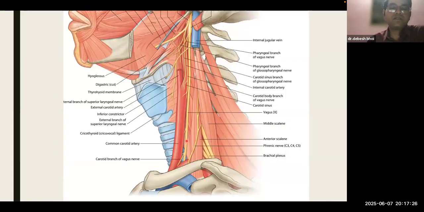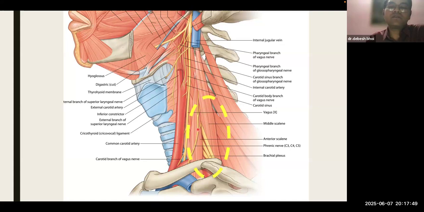If you see the different muscles in this area, there are similar muscles that you can identify, so that when you scan you will identify the anterior scalene muscle and middle scalene muscle, and the brachial plexus elements are basically sandwiched between these two muscles. And the phrenic nerve runs over the anterior scalene muscle and can also be seen in the ultrasound.